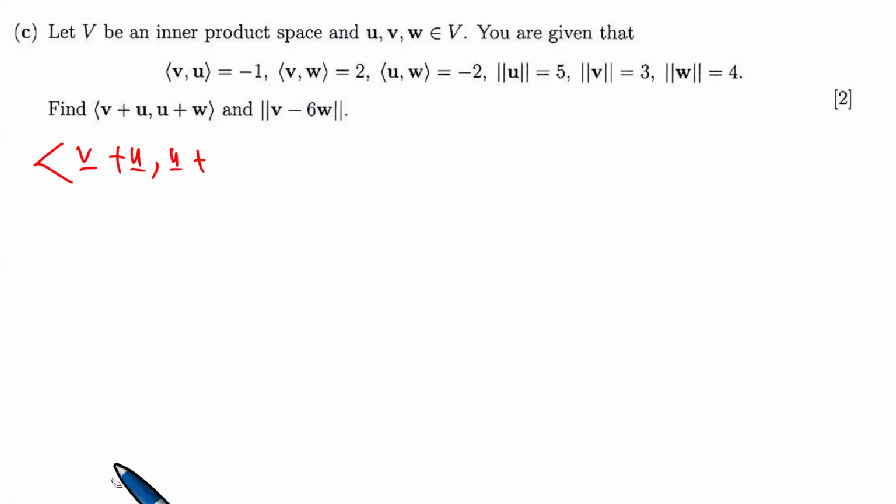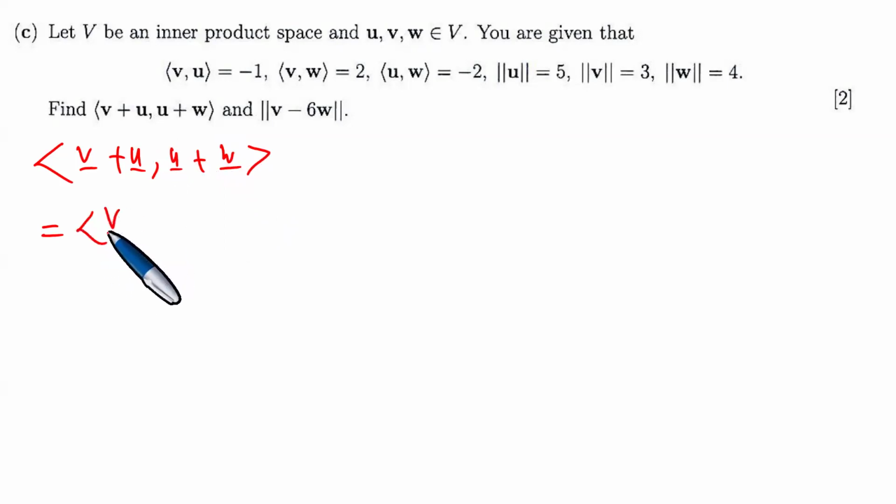There are two problems we need to solve here. In this question, we need to find this and that one. Let us find this one first. Like I said earlier, to find this one, you expand. But you can look at this one as one vector and then expand. If you treat this one as one vector, you don't separate them.